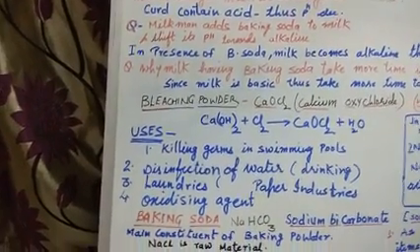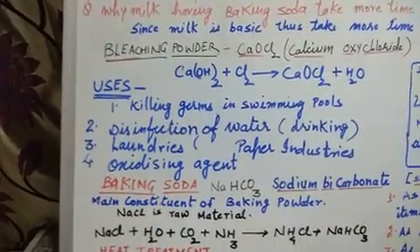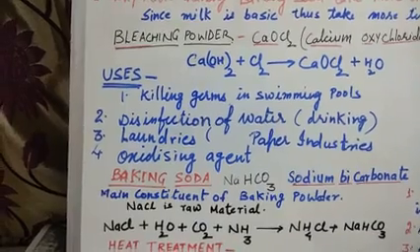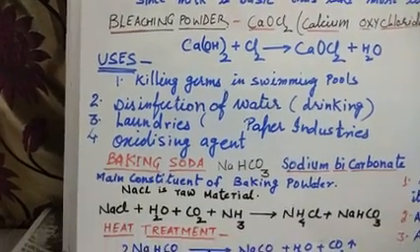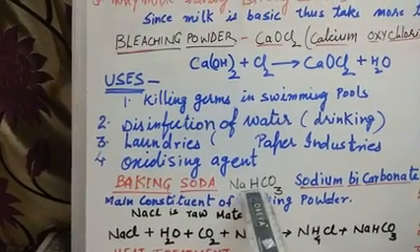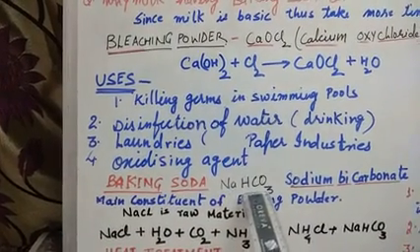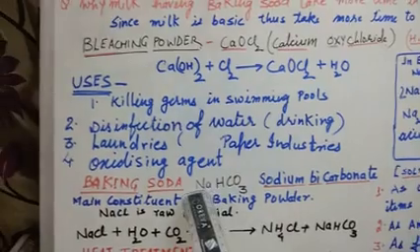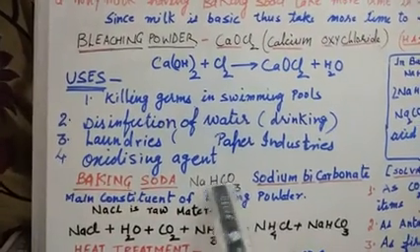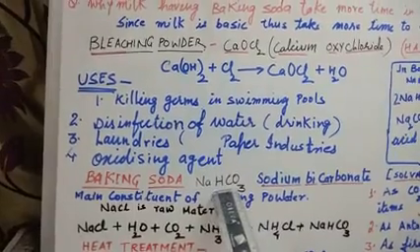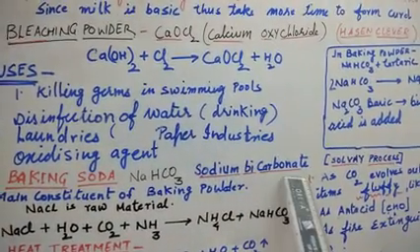Next, we are taking the next chemical compound, which is an important chemical compound, and it is baking soda. This name is also familiar to you, students. I think the baking soda formula is NaHCO3, and its chemical name is sodium bicarbonate, or you can say sodium hydrogen carbonate. Both are chemical names, sodium hydrogen carbonate or simply sodium bicarbonate.